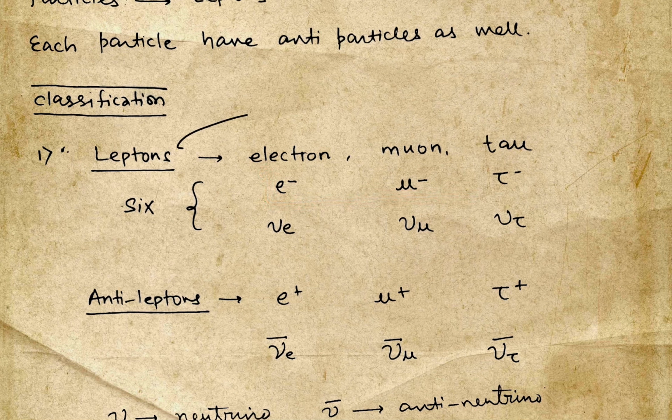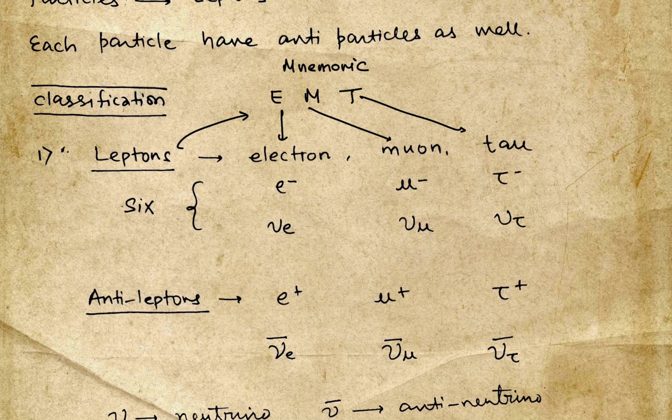The first three leptons you can remember with the mnemonic EMT, or electromagnetic theory, whatever you want to call it. It is a mnemonic, there is no relation with the real electromagnetic theory. E stands for electron, M stands for muon, and T stands for tau.